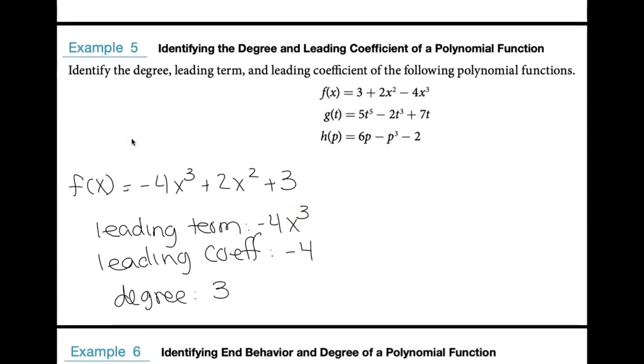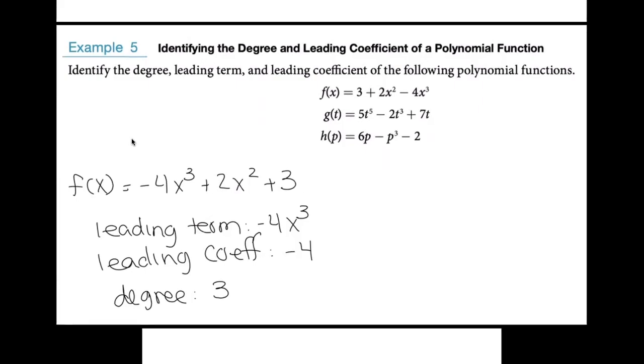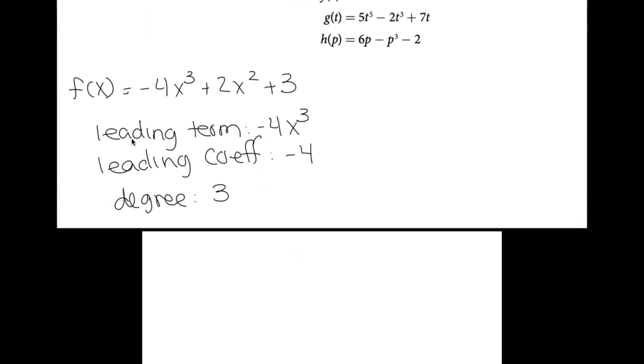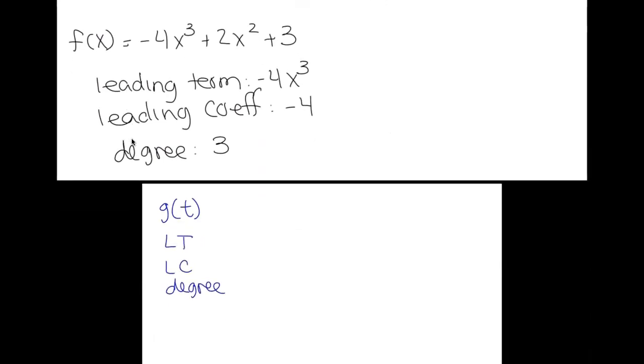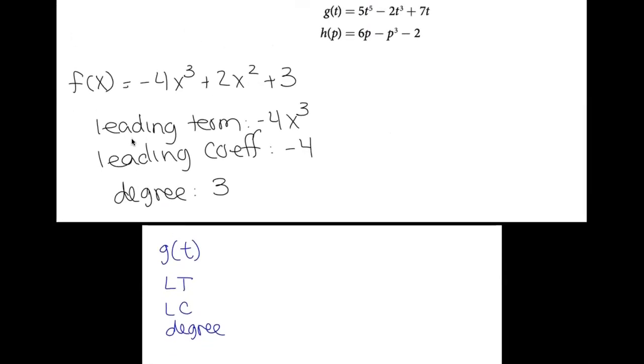So go ahead and pause and try G of t and h of p, and then we'll compare. All right, G of t, I will write as leading term, leading coefficient, and degree. Okay, so our leading term is 5t to the 5th.